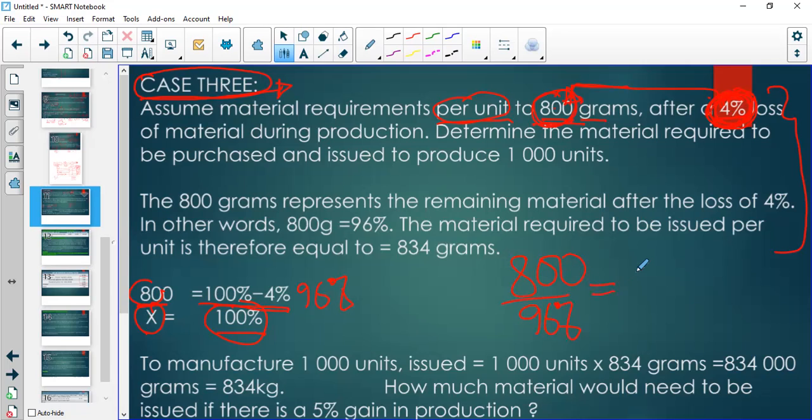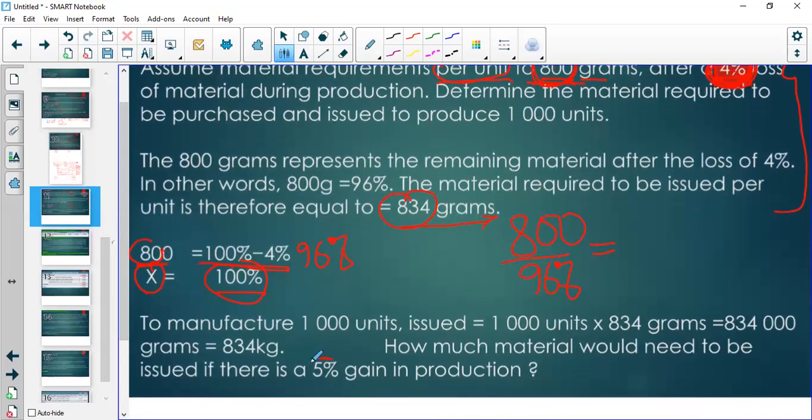This is the quantity you have to put into production, so that when you lose the 4%, you are left with the 800, and that 800 is going to be sufficient to produce this. In budgeting, they give you questions like this, where they want you to determine the raw materials budget, or the total quantity required. So you need to be paying attention to that.